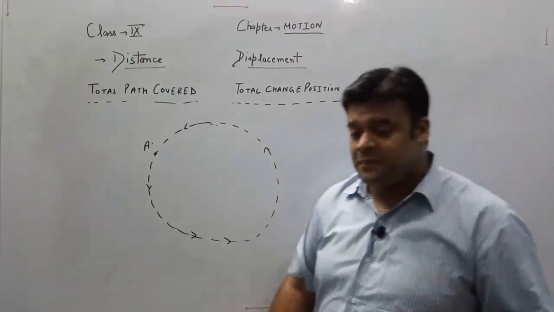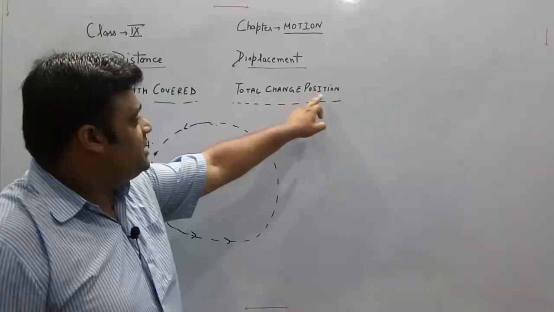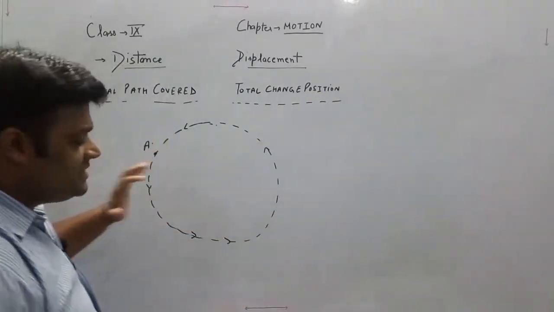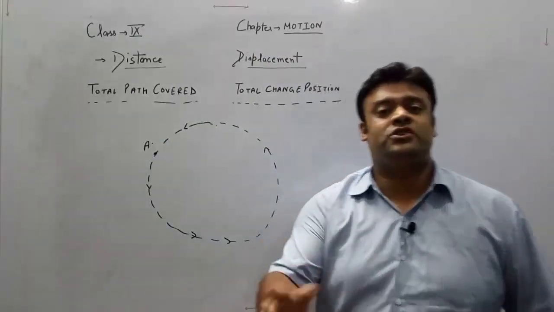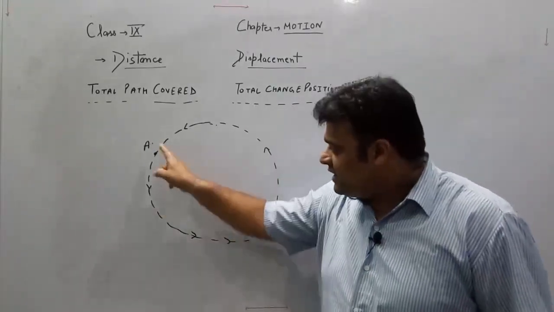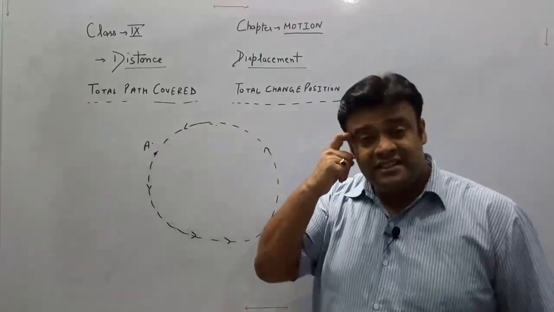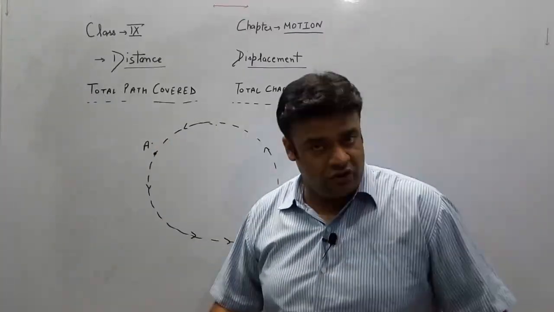But what is displacement in this case? Displacement is the total change in position of the object. Observe this example. Is there any change in position of the object? The object starts its motion from A and again reaches position A. There is no change in position of the object.